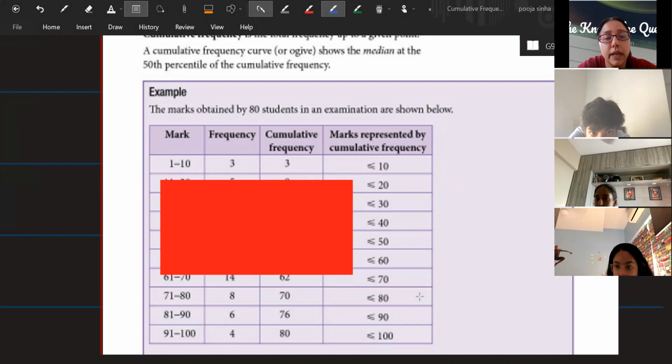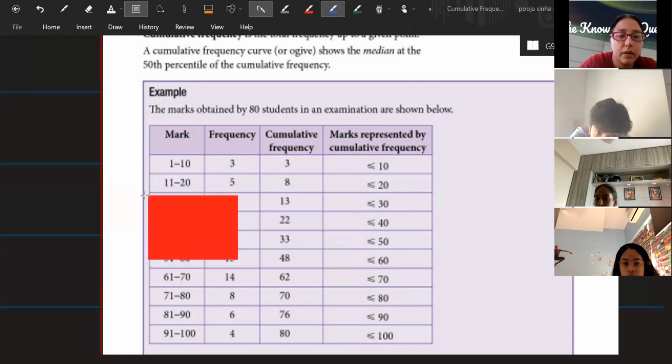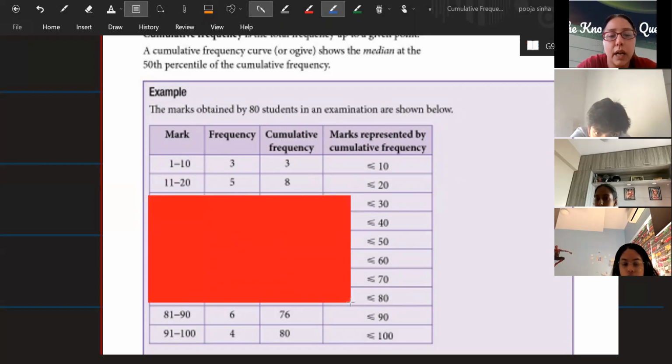What is the total frequency up till 1 to 10? 3. Just 3? Yeah. Now tell me, what is the total frequency up till 11 to 20? 8.